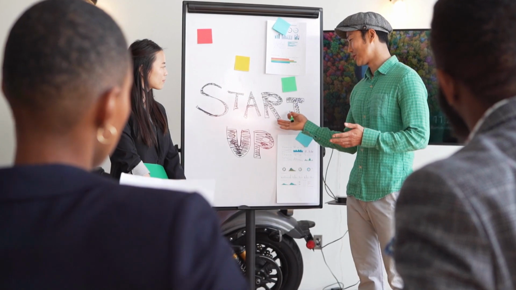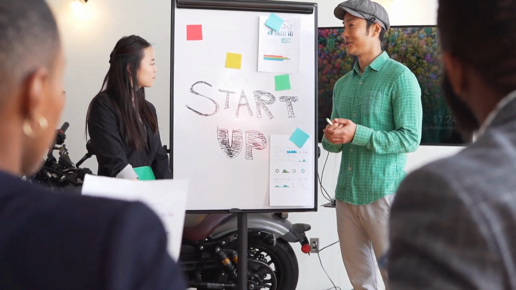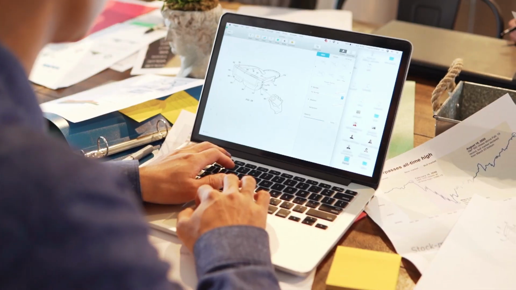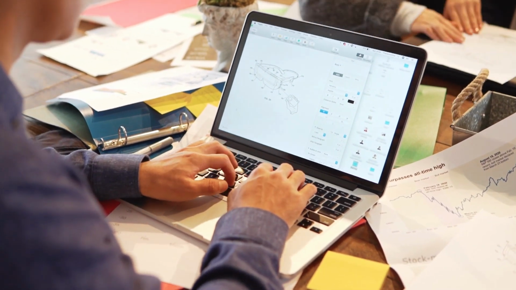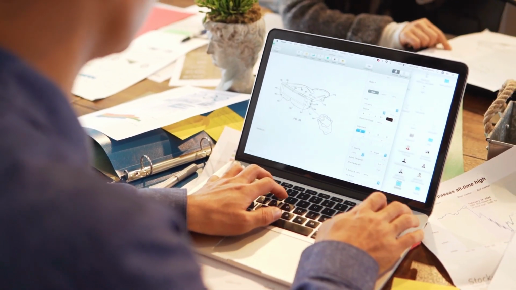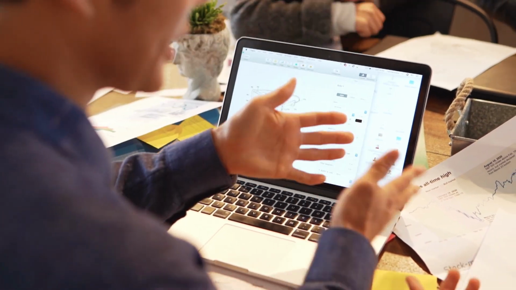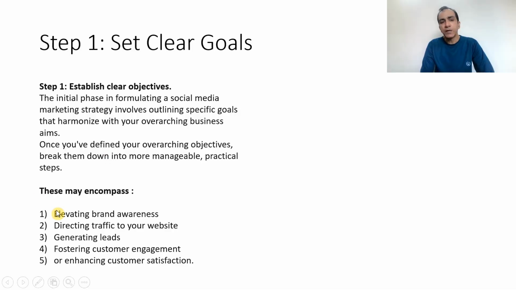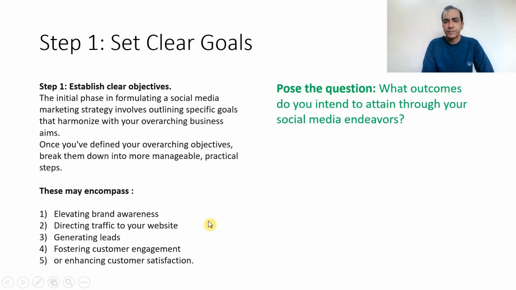Setting clear goals. Your social media marketing strategy goals are dependent on the business objectives that the brand or the company sets for itself. Based on your business objectives, you will set your social media marketing objectives. They could be elevating brand awareness, directing traffic to your website, generating leads, fostering customer engagement, or enhancing customer satisfaction.